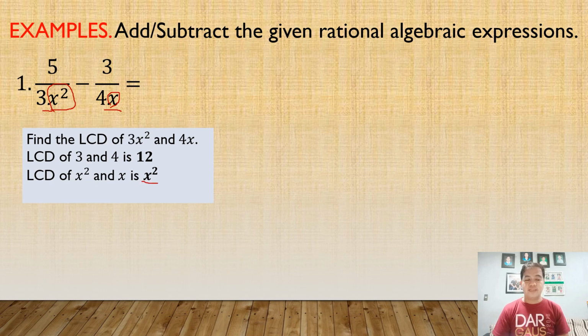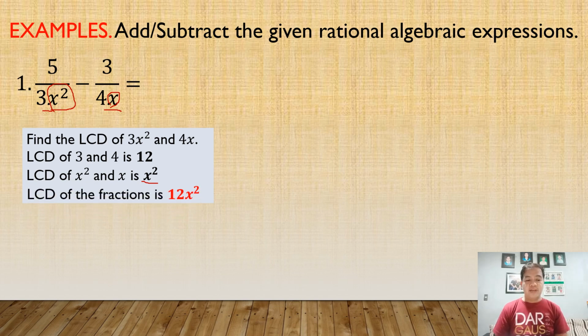Yung mas mataas na exponent ang pipiliin palagi kapag LCD. So, remember, sa LCD, yung mas mataas na exponent. Kung i-recall natin yung GCF naman, yung pinakamababang exponent naman. Okay? So, wag mong pagpapalit-palitin ha. LCD ang pipiliin ay yung may pinakamataas na exponent. Sa GCF, ang pipiliin ay yung may pinakamababang exponent.